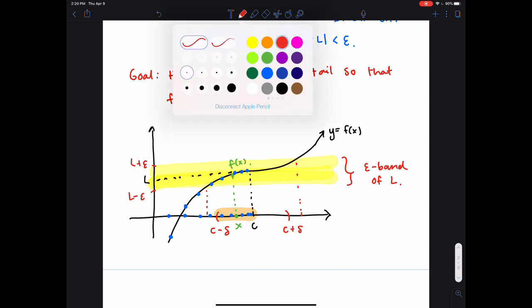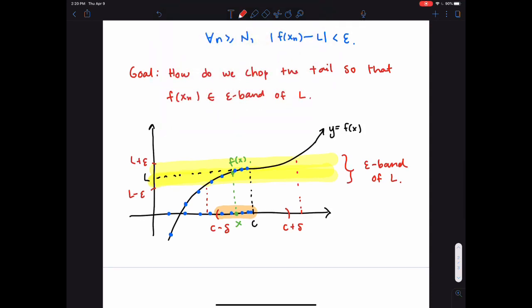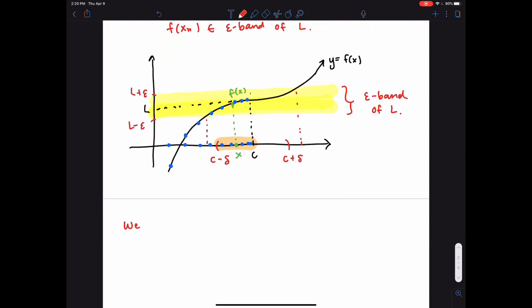So summarizing what we just said here, we know that when xn as an input is in our delta neighborhood of c, f of xn has to be in our epsilon neighborhood of L.